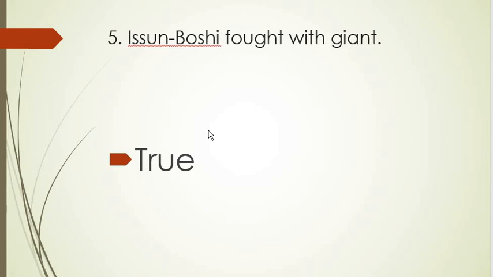First he proved it to Lord Sanjo by using his tiny sword to drive away the fly, and the second time he proved himself by using that same tiny sword to beat the giant.